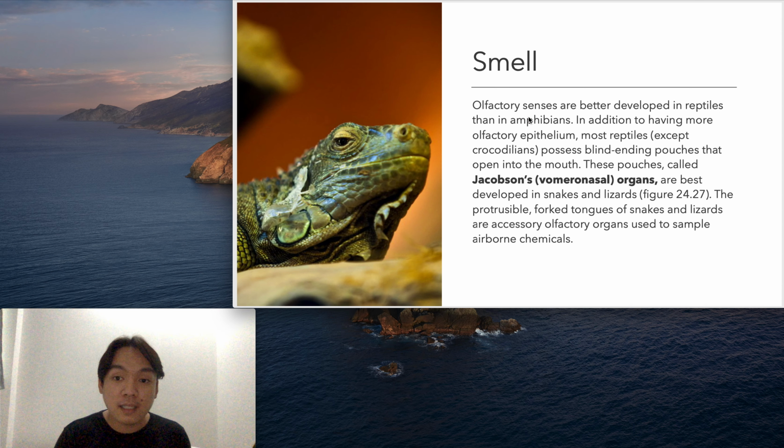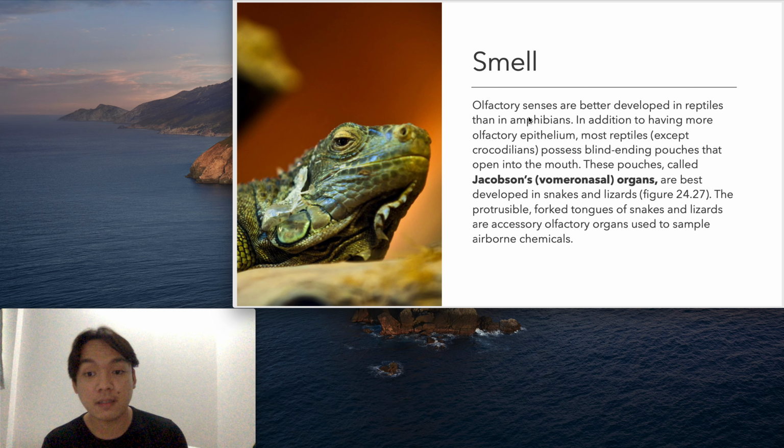For smell, olfactory senses are also better developed in reptiles than in amphibians. In addition to having more olfactory epithelium, most reptiles except crocodiles have blind-ending pouches called Jacobson's or vomeronasal organs. They are well developed in snakes and lizards.